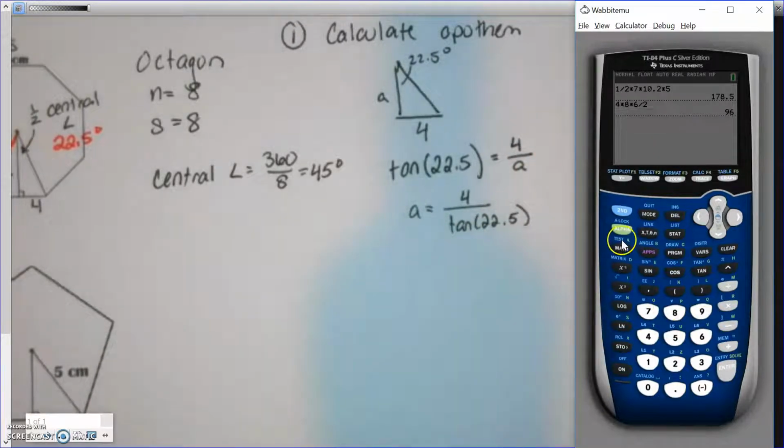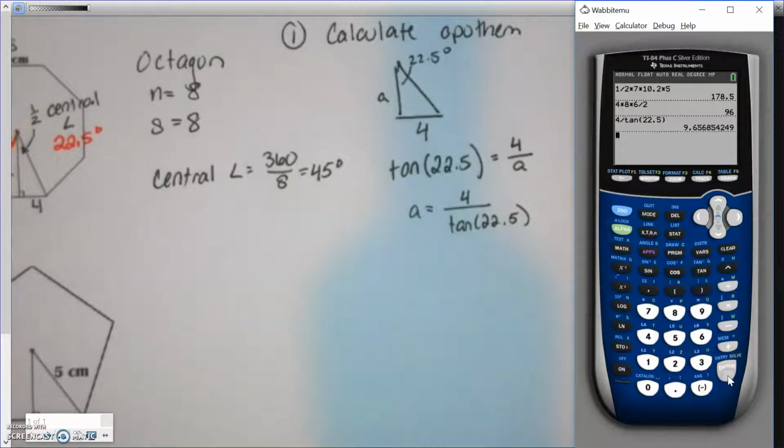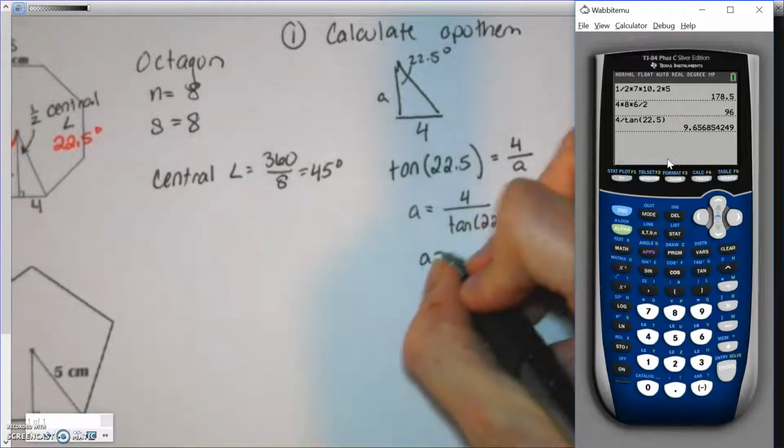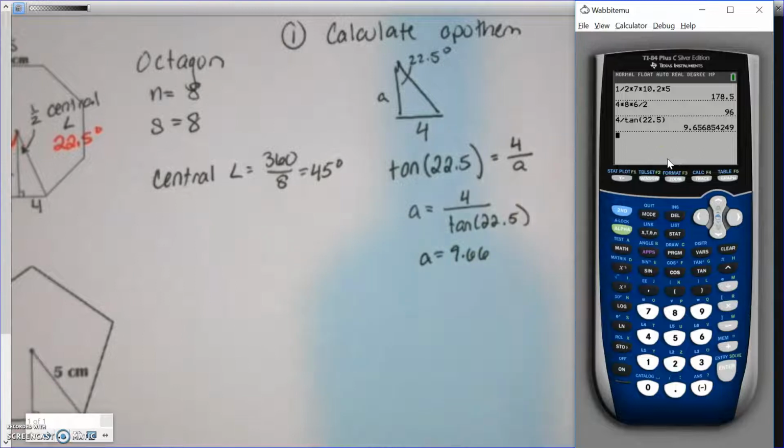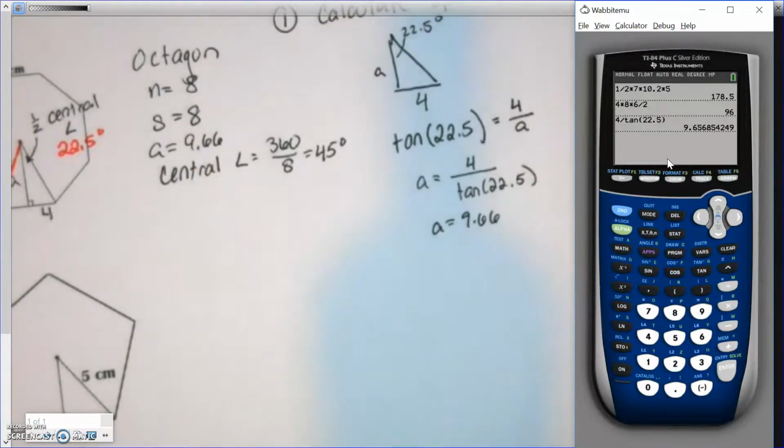And if I use my calculator, remember when we use our calculators, we always need to check that we are in the proper mode. And then I can do 4 divided by tangent of 22.5. And we get 9 point, I'm going to use 2 decimal places, so that is 9.66. So I can put that over here, 9.66.